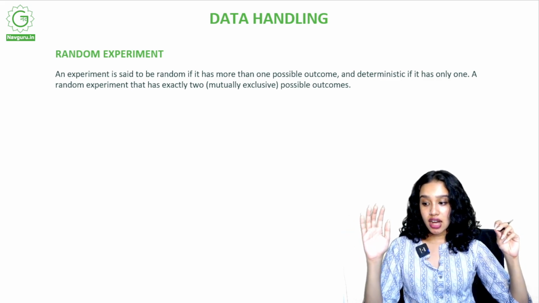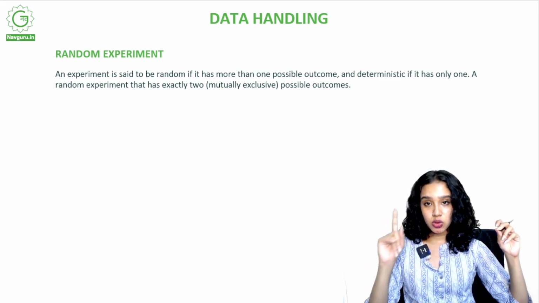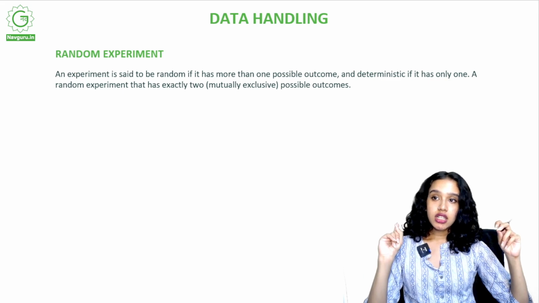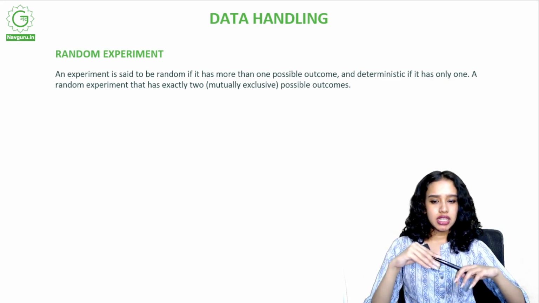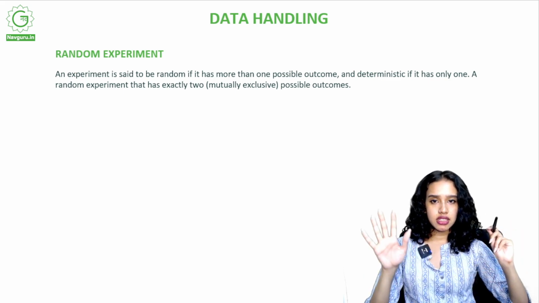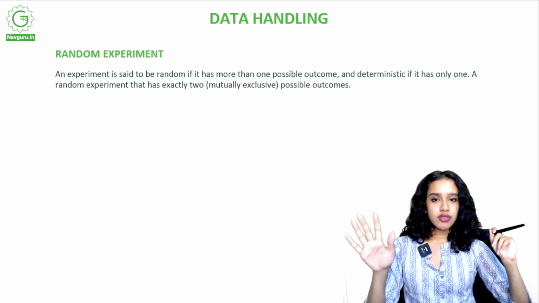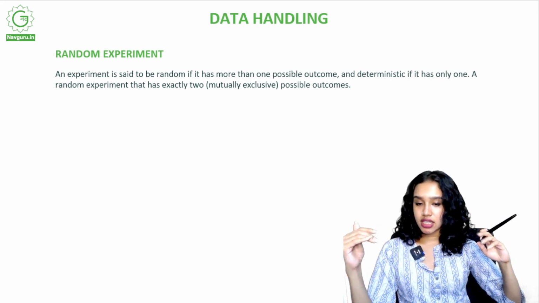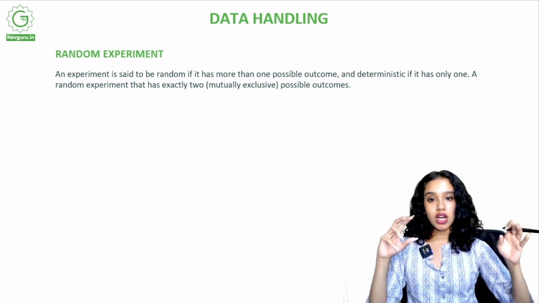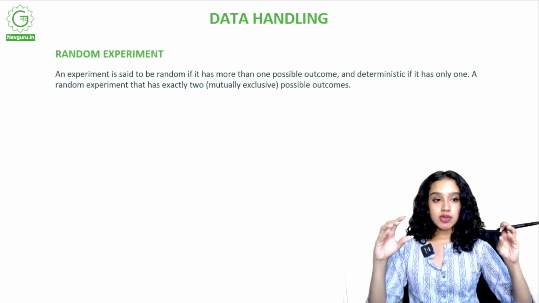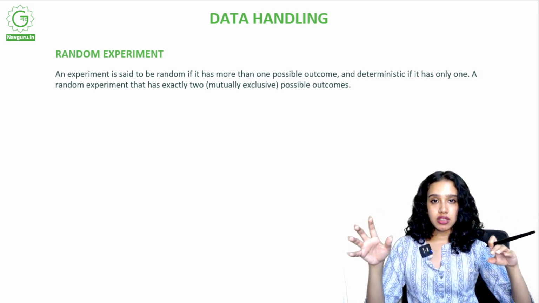So if we are doing an experiment with only one outcome, where if I do this, I'll get this, which we're sure about, the outcome is this. There is only one outcome. This kind of experiment is called a deterministic experiment, right?